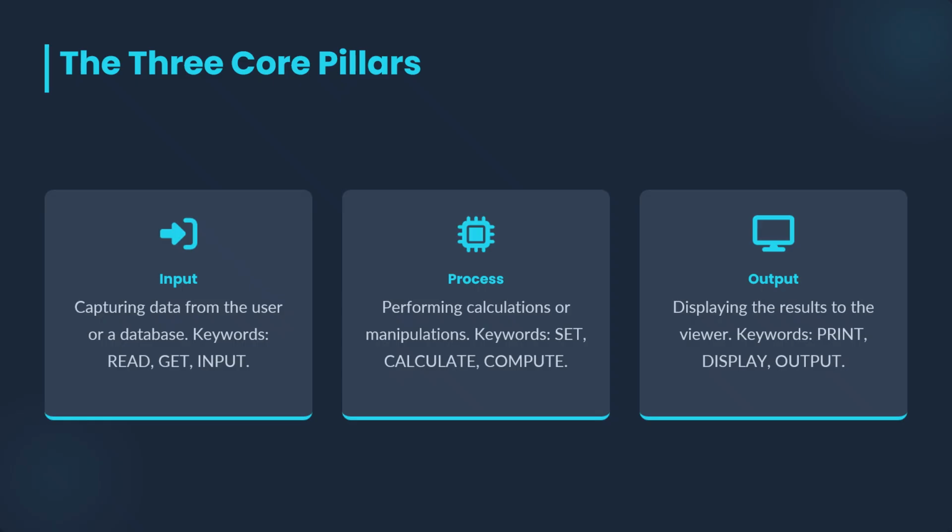For this we can use the keywords set, calculate, or compute, and we can directly work on the variables together with the operators as well. The third part is the output, that is displaying the results to the viewer using the keywords print, display, or output. Ideally, we use input, process and output in our pseudocode statements, especially for sequential logic.